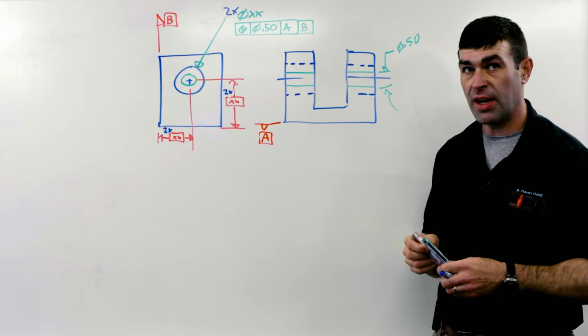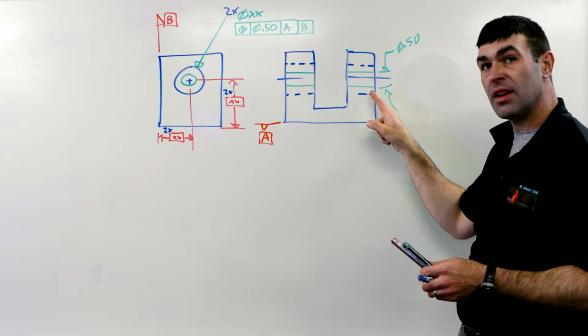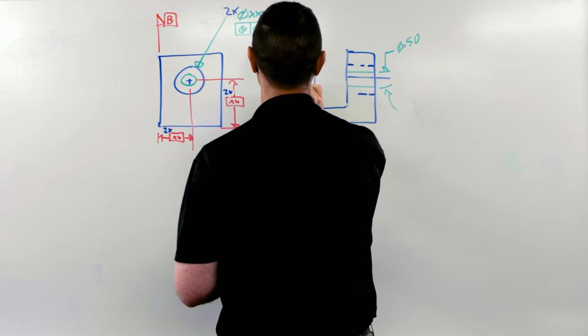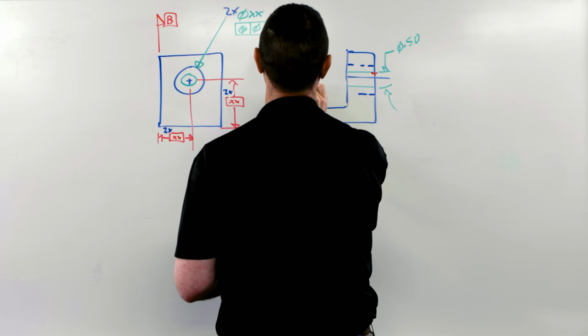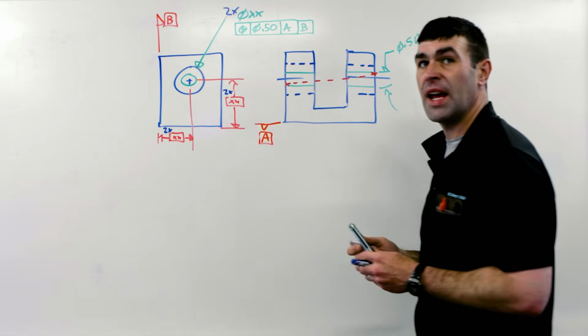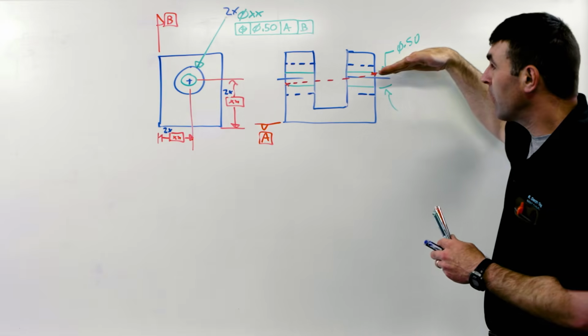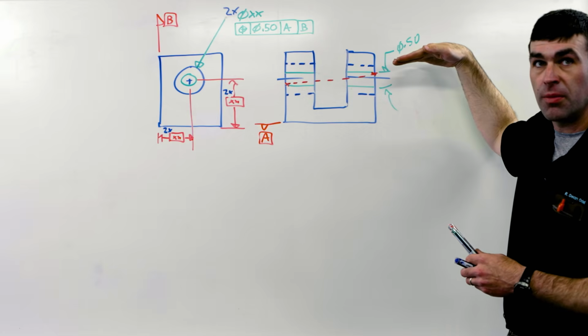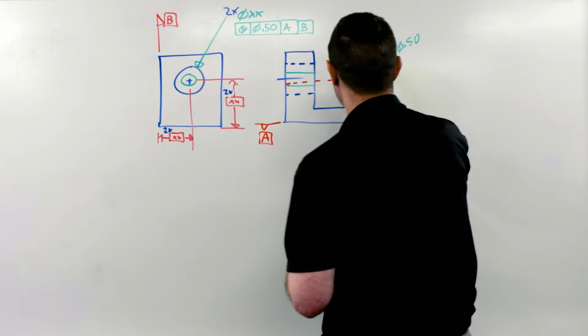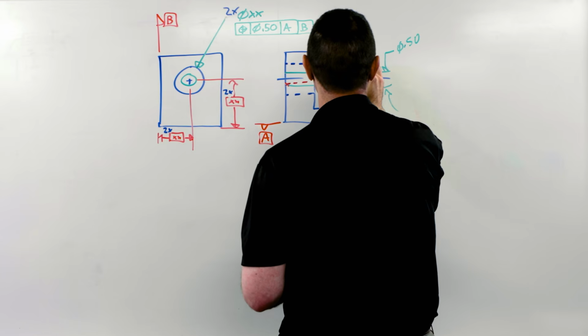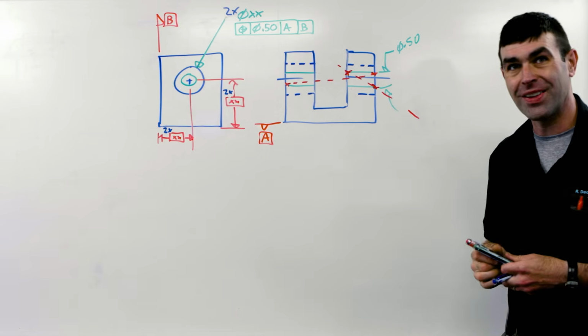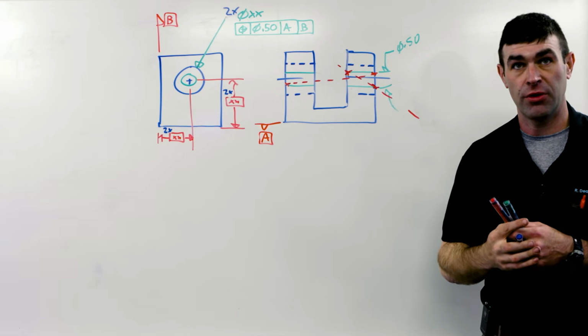Now the issue you can run into is when we had this entire tolerance zone, say we start here and end here with an axis, right? You can see we've got an orientation control there. If we start here and end here in the smaller tolerance zone, you can see we might have an issue, right?